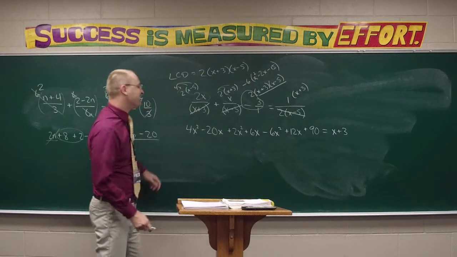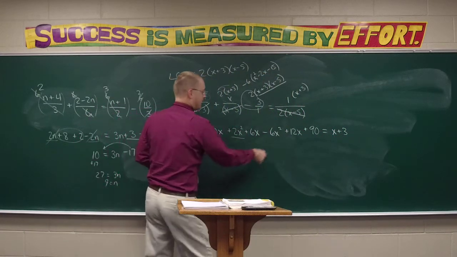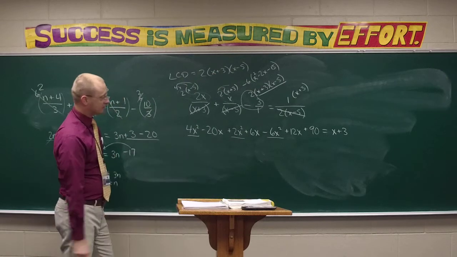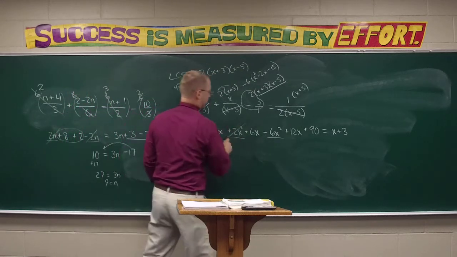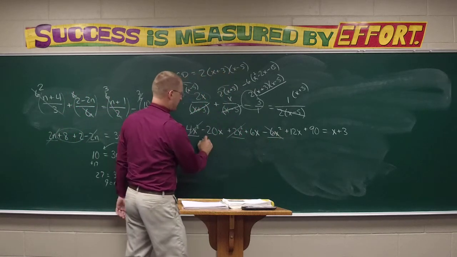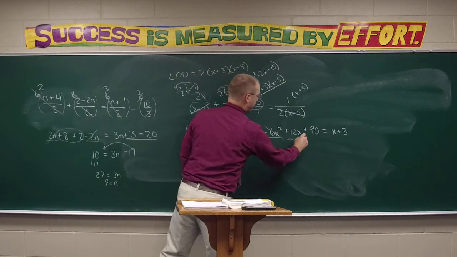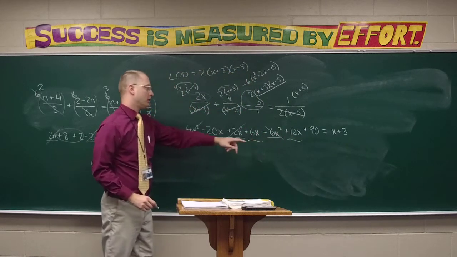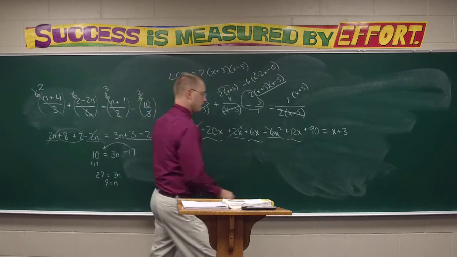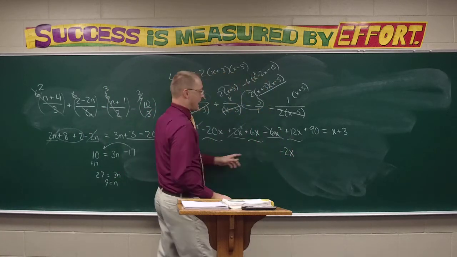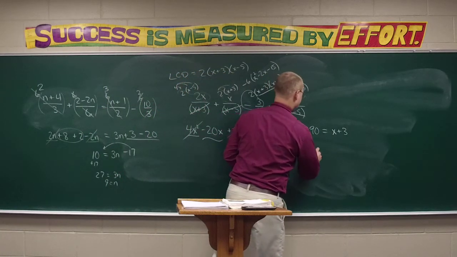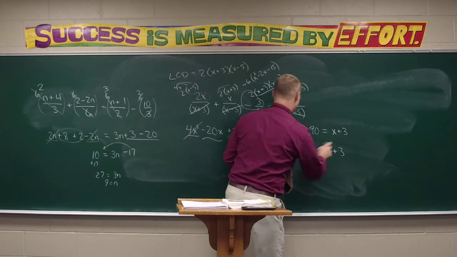All right. I got a 4x squared, I got a 2x squared, I got a negative 6x squared. They all cancel because these are the positive 6x squared and that's the negative. I got a 20x, a 6x, and a 12x. Let's do the 12 and 6, 18, put that with a negative 20. Negative 2x, careful. And I've got a negative 9 equal to x plus 3. The little x is the 2x.